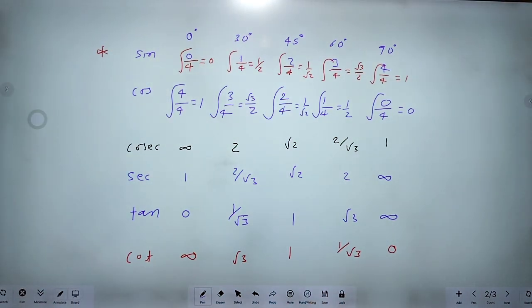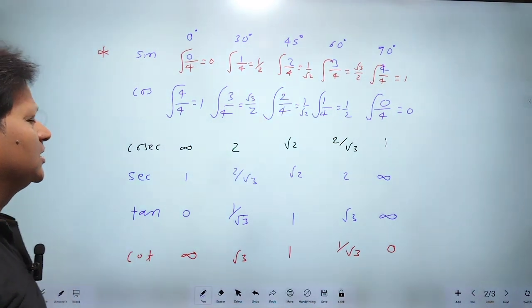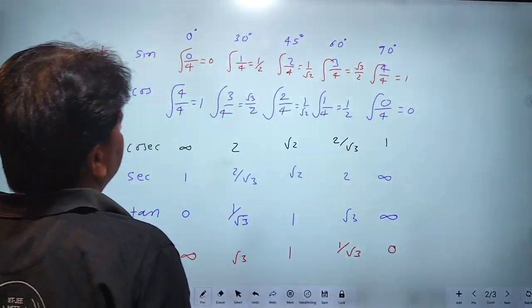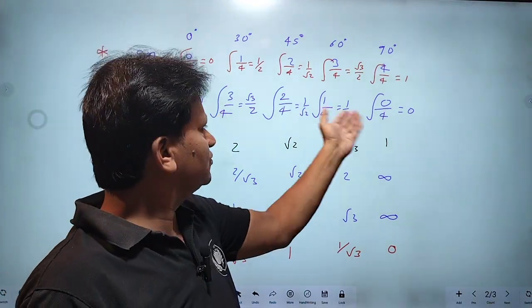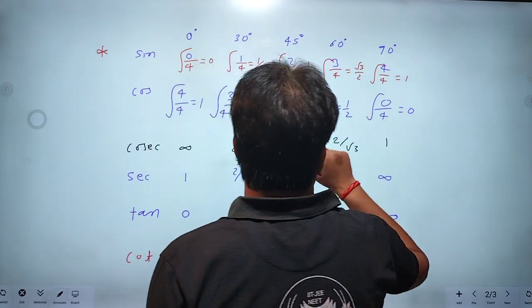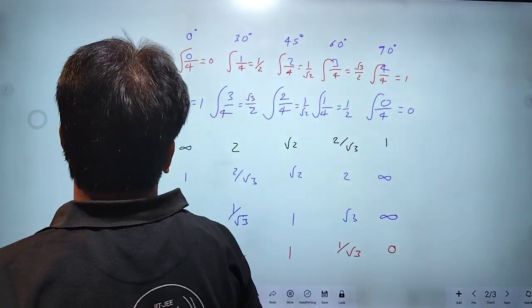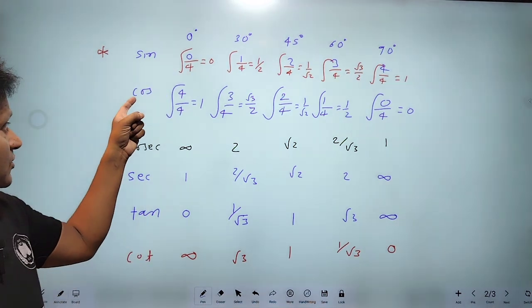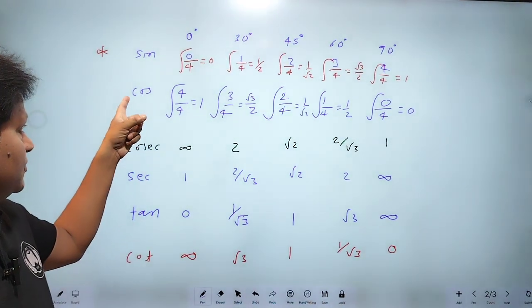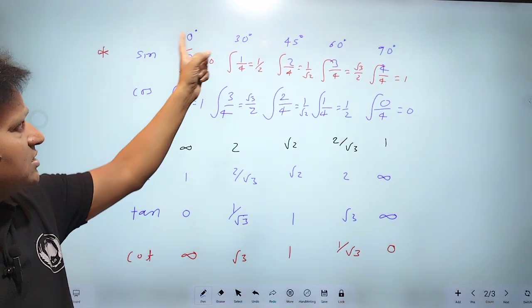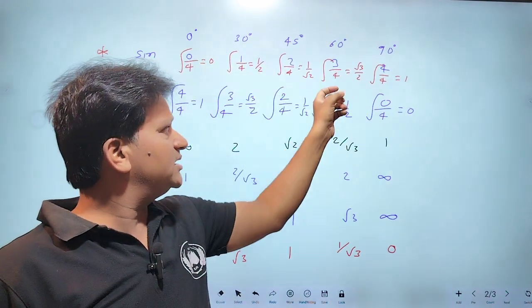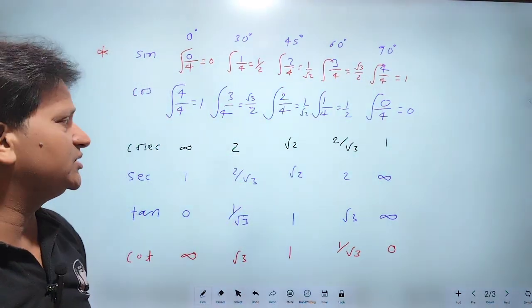Similarly, all quantities are divided by 4 and then we take the root. After taking the root, find the value of these quantities. We can say that cos 0 degree is equal to 1, cos 30 degree is equal to root 3 by 2, cos 45 degree is equal to 1 by root 2, cos 60 degree is equal to 1 by 2, cos 90 degree is equal to 0.